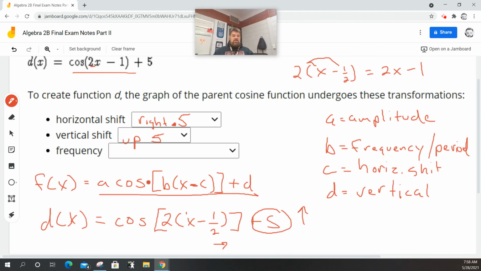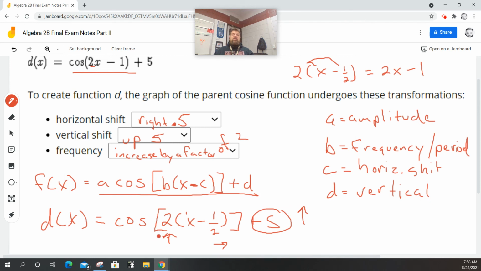And then the frequency increases by a factor of 2 because this has an impact on frequency.